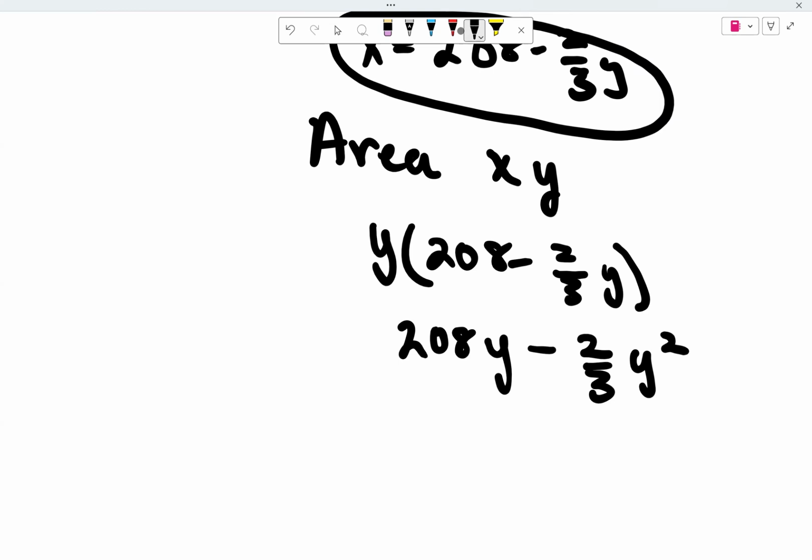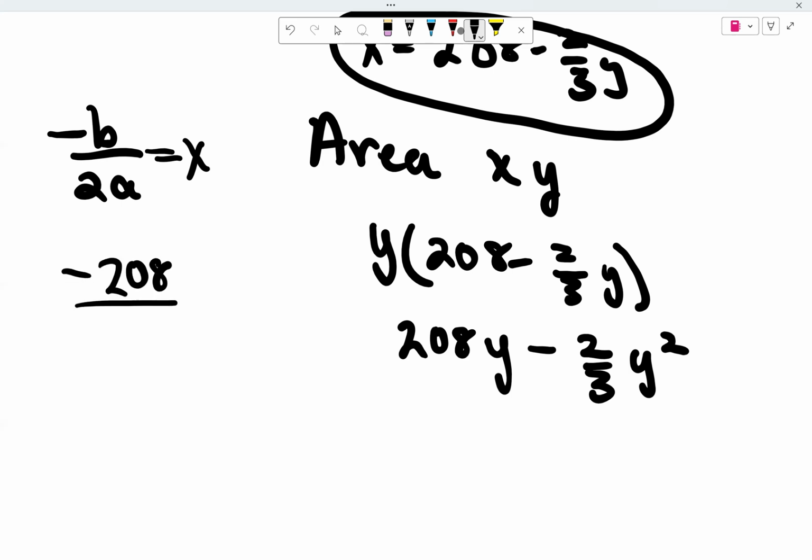I'm now going to use the negative B over 2A formula to get X. So that gives me the X value. No, I'm sorry. In this case, it'll be a Y since I have a Y. So I'm going to use negative B over 2A, negative 208 over 2 times negative 2/3.